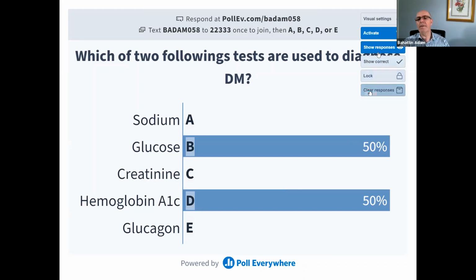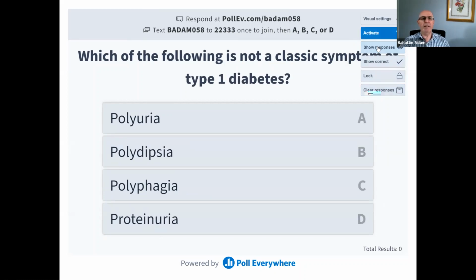Okay, next one. Which of the following is not a classic symptom of type 1 diabetes? Polyuria, polydipsia, polyphagia, proteinuria. One more.